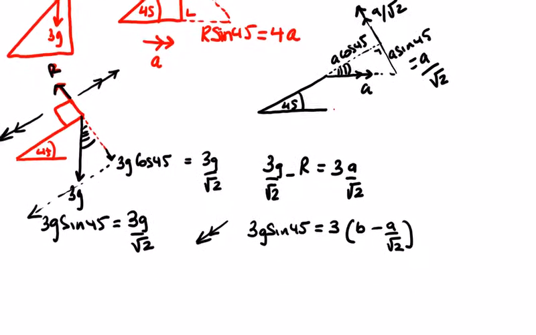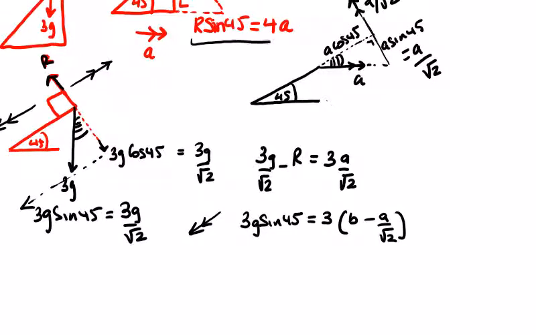So we can take our first equation, R sine 45 equals 4a, R over root 2 is equal to 4a. So R is equal to 4 root 2 times a.